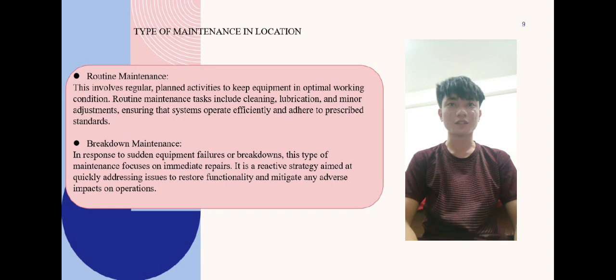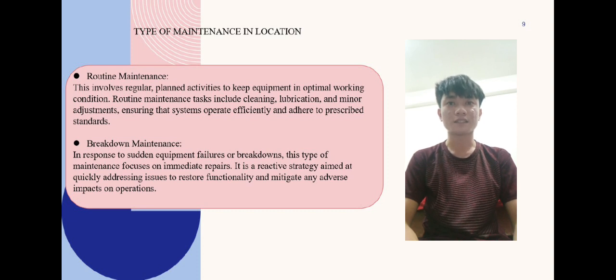Next is routine maintenance. This involves regular, planned activities to keep equipment in optimal working condition. Routine maintenance tasks include cleaning, lubrication, and minor adjustments, ensuring that systems operate efficiently and adhere to prescribed standards.